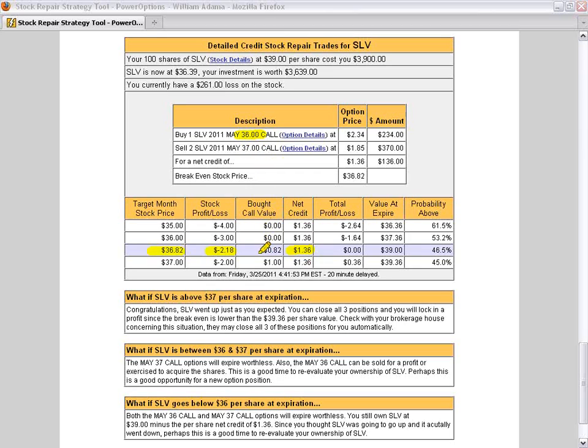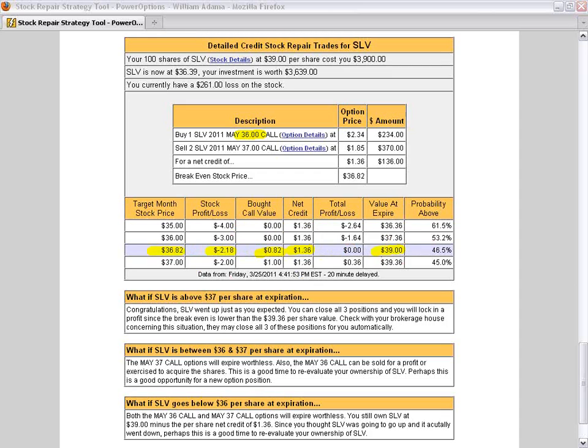So our 36 call would be worth 82 cents. 82 plus the $1.36 gets us to that 2.18, so we'd be at a value with our stock at 36.82 and the 82 cents remaining in our long call. The $1.36 we received would give us a value of $39, break even. But we didn't need the stock to move back to $39. We just need it to be at 36.82.